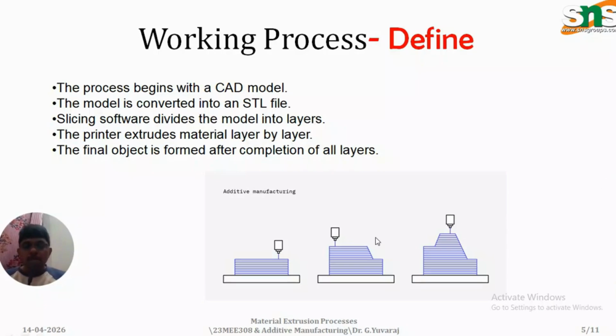So that is what you have seen in this diagram. By using this nozzle, a semi-molten filament is formed in a layer by layer structure. Once the layers come, they build up the structure, and the nozzle keeps spreading material over it.